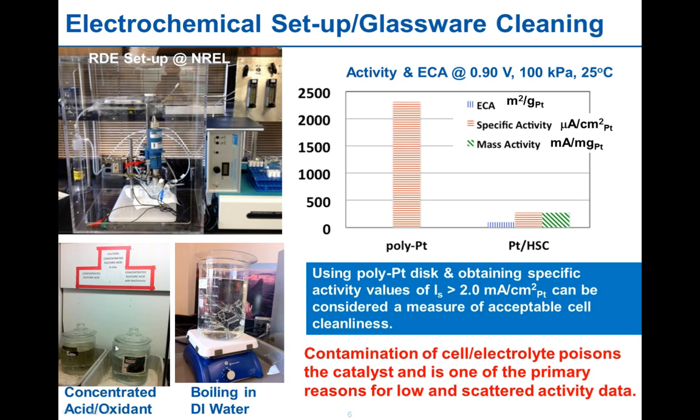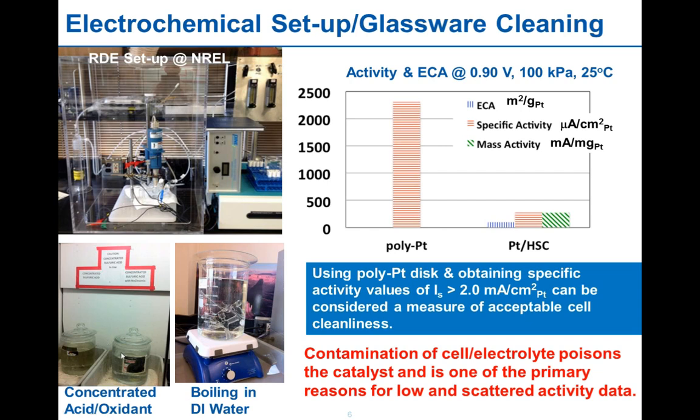So as a result, we have to do a lot of cleaning of the glassware to make sure that it is pure and clean. One of the cleaning techniques is to use concentrated sulfuric acid, followed by an oxidant, either nitric acid or concentrated sulfuric acid mixed with Nochromix.